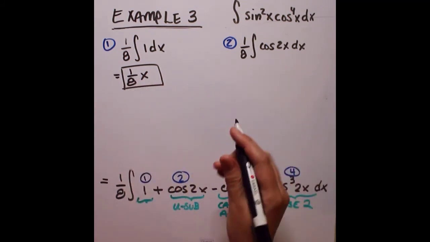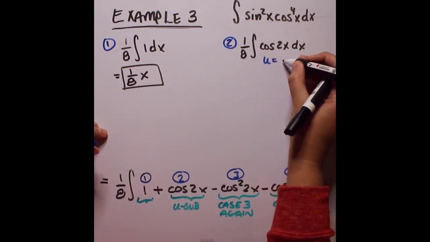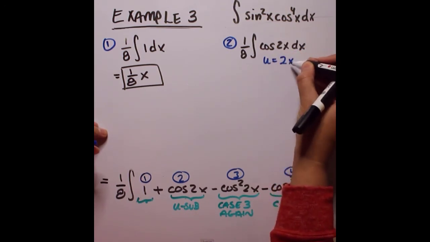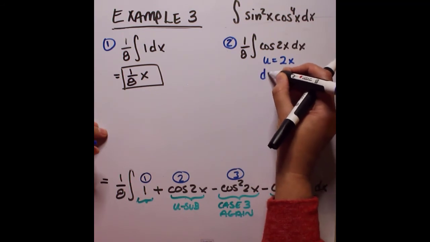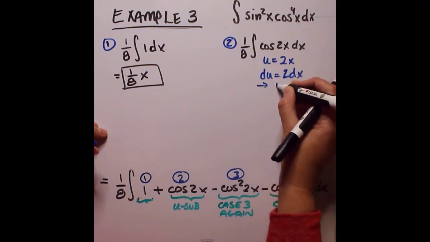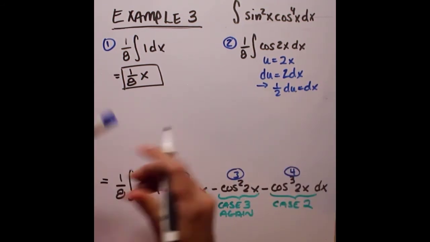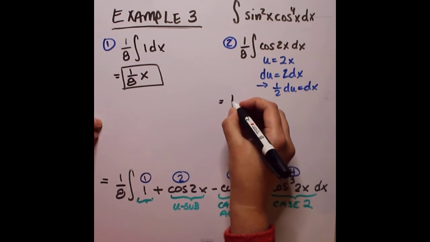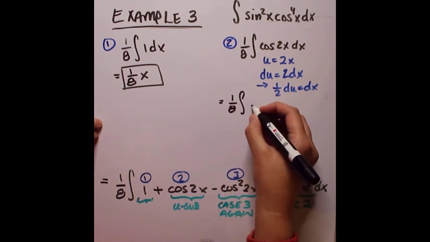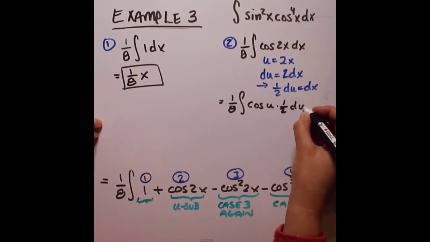Over here, we do need to use u substitution, or if you can see it, you can kind of do it in your head if you are able to see that. 2x for u, so du is 2 dx, and so 1/2 du is dx. And so when we substitute that in, that's 1/8 integral of cosine u times 1/2 du.